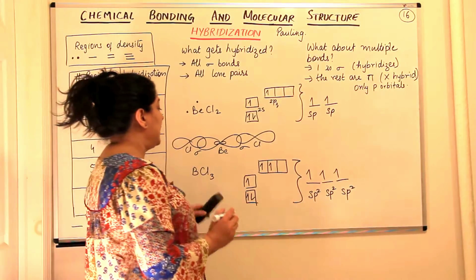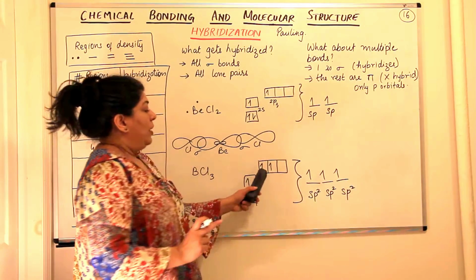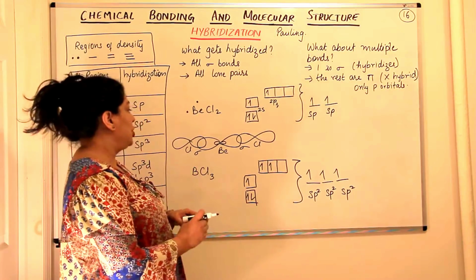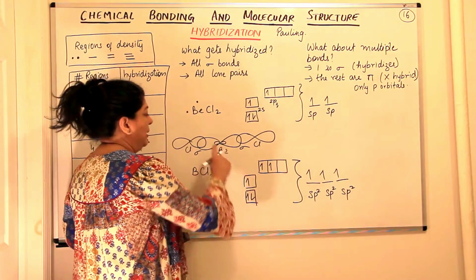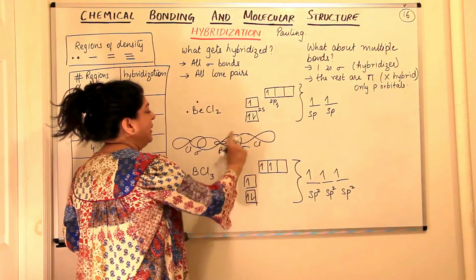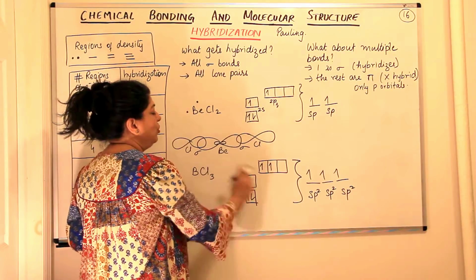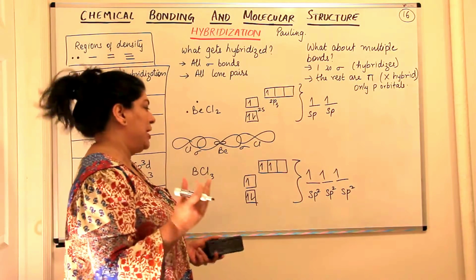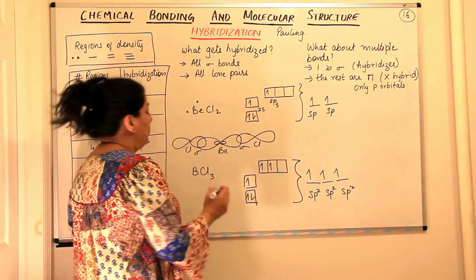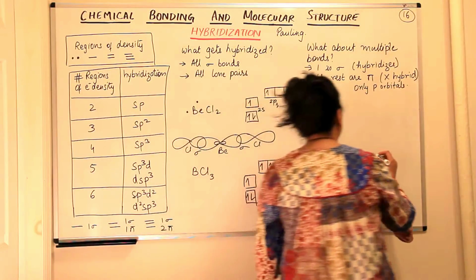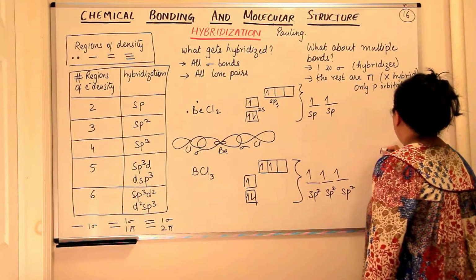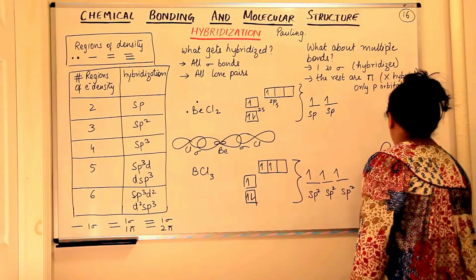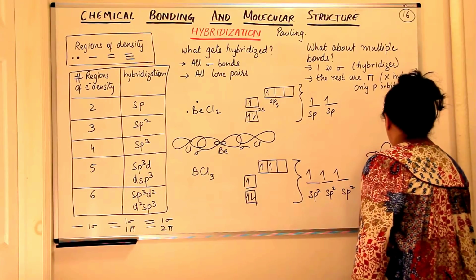So how do we draw this again? Since the hybrid is made up of s orbital and p orbitals, the shape of the hybrid orbital would be like this: 2 lobes, 1 large lobe and 1 small lobe. The large lobe is due to the p character and the small lobe is due to the s character, which is smaller. So we have boron in the center, and we have 1, 2 and 3.